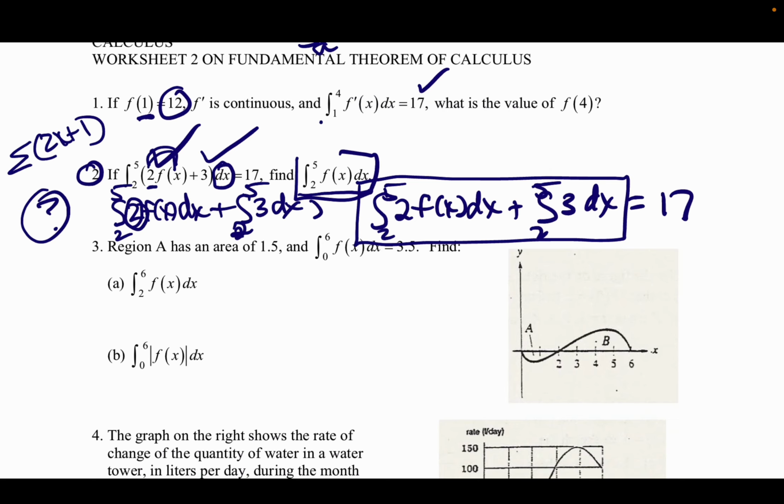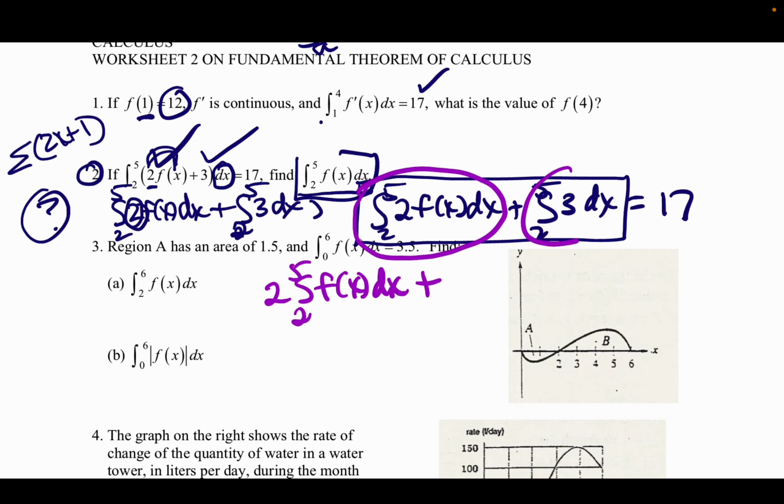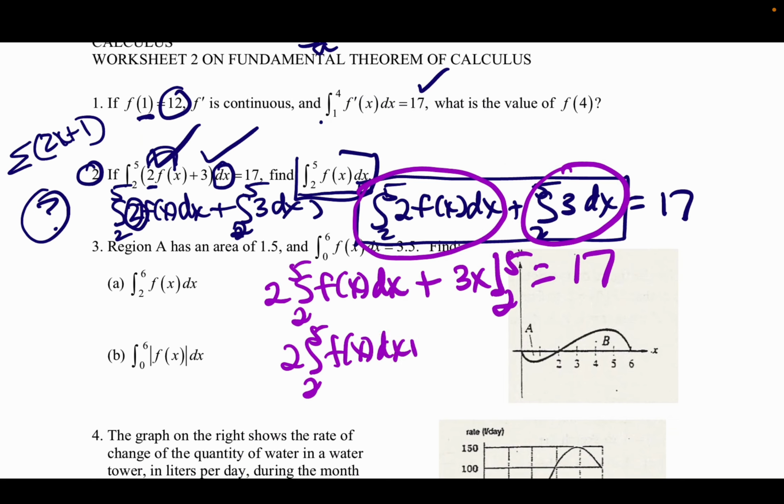So I'm looking for this right here. They want me to solve for this. Well, I can work this part. So now I have the integral from 2 to 5, 2 times f of x dx, plus this, the antiderivative of 3 is 3x from 2 to 5, and that equals 17. Just be patient. So I have 2 times the integral from 2 to 5 of f of x dx.